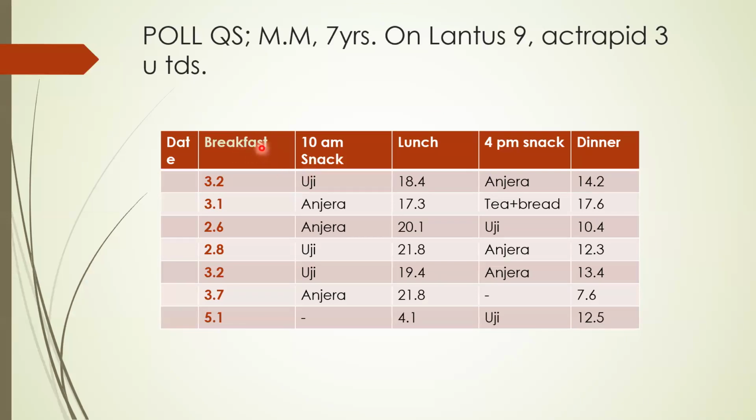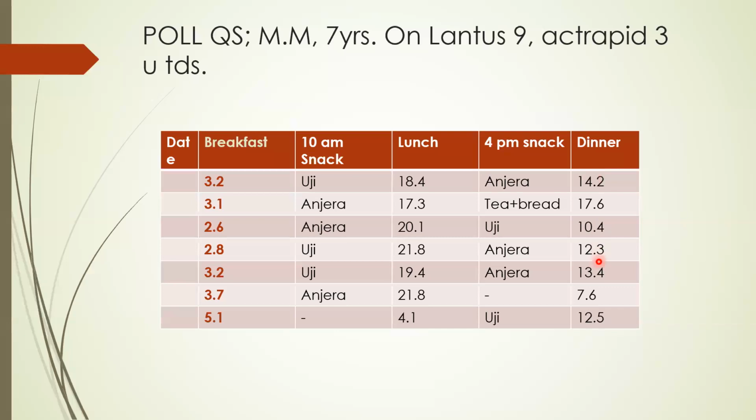And what you can see here is breakfast readings are largely low. Almost all of them are hypoglycemia. They're below 4, except one reading that was 5.1. And then you look at the lunch readings, and most of them are high, except one reading here that was 4.1.